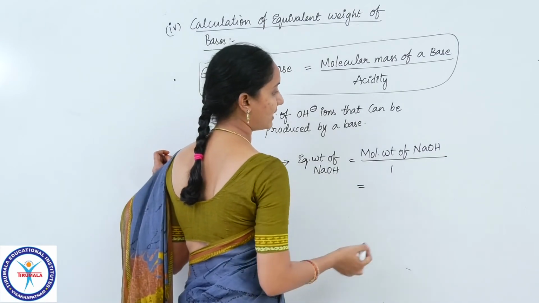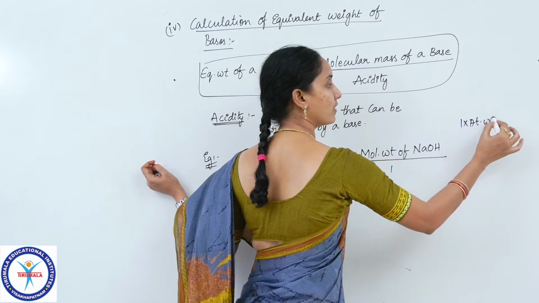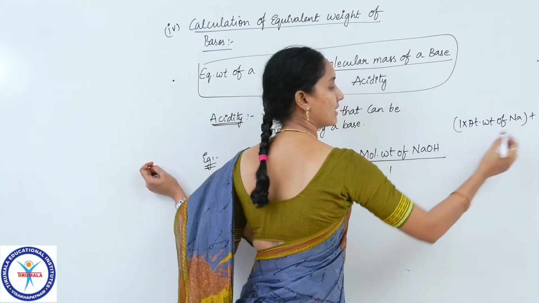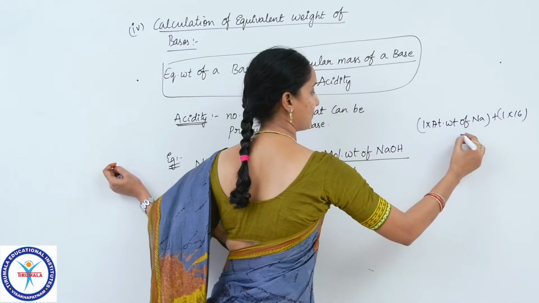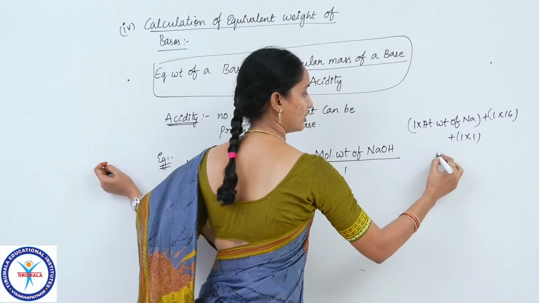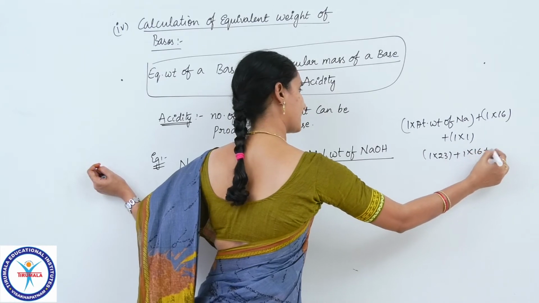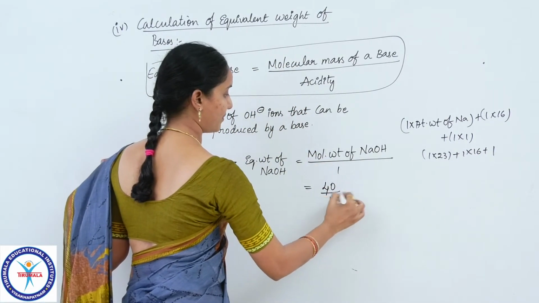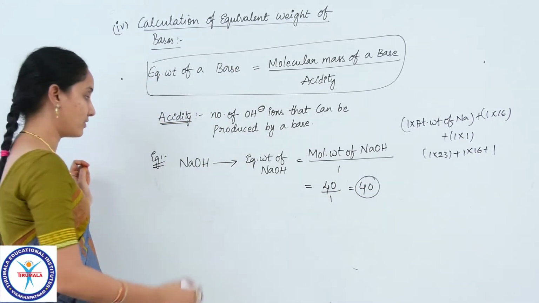So molecular weight of NaOH is 1 into atomic weight of sodium plus 1 into oxygen's atomic weight, that is 16, plus 1 into hydrogen. So 1 into 23 plus 1 into 16 plus 1. So total it is 40. So 40 upon 1, so again it is 40. So in that manner you have to calculate.